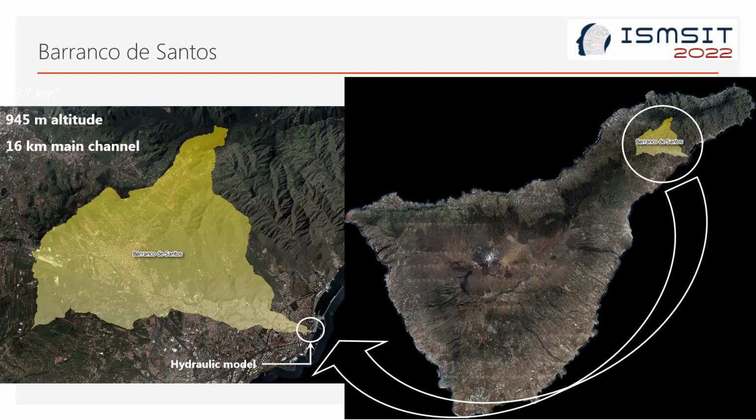Subsequently, it will be tried to compare these theoretical results with the real images that are available of the flood in the location where the model has been made.